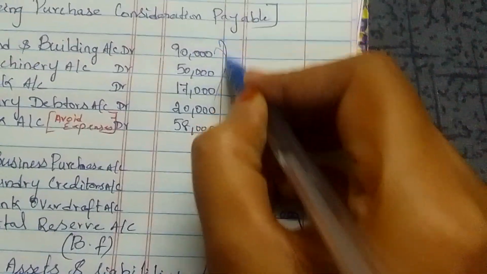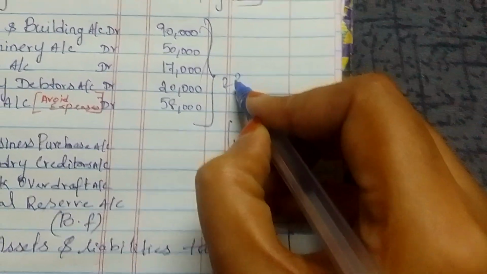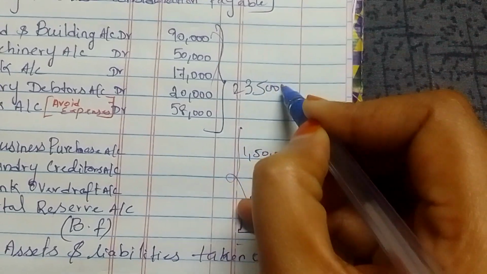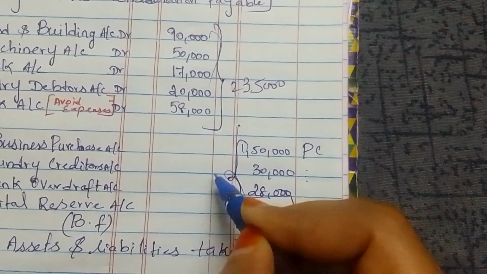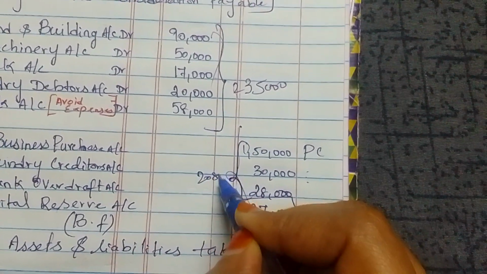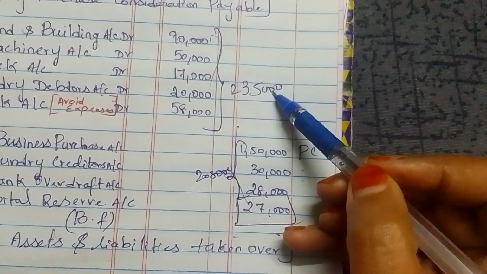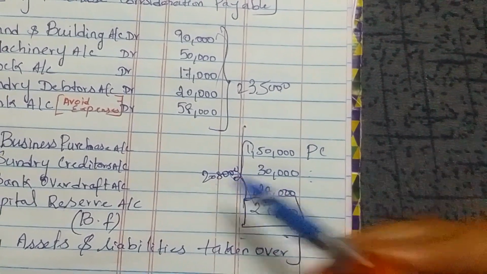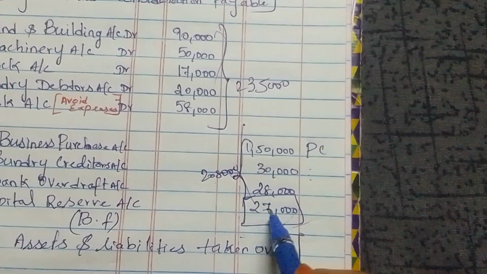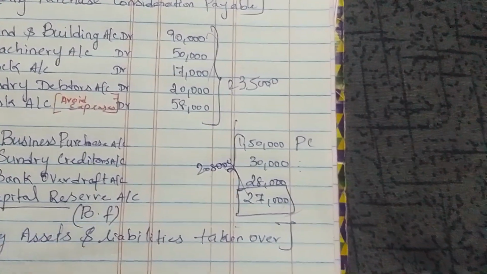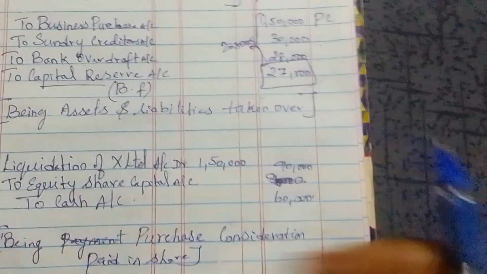If we total this value, we get 2,35,000, and the other total is 2,08,000. If you subtract 2,08,000 from 2,35,000, you get 27,000. That is our capital reserve. Next, the last one, the payment.